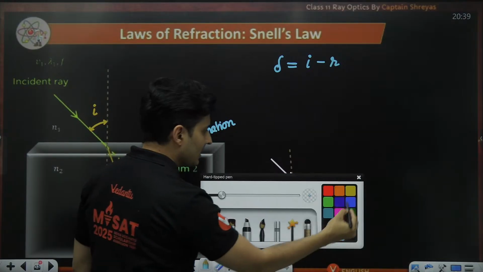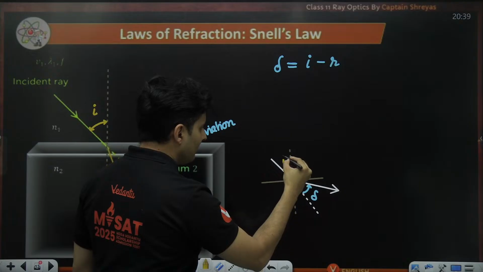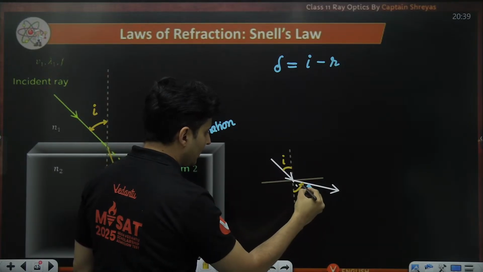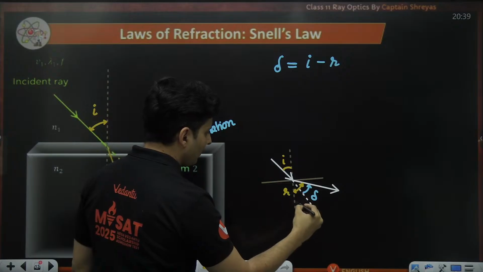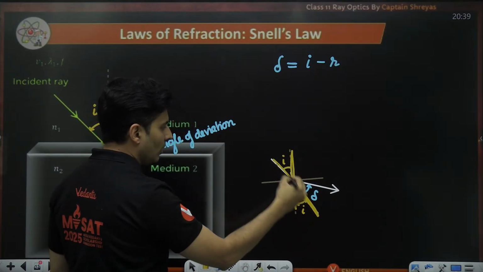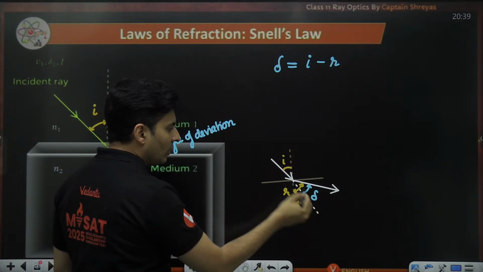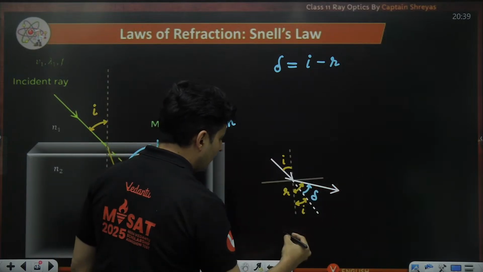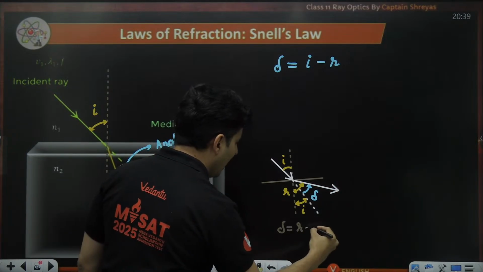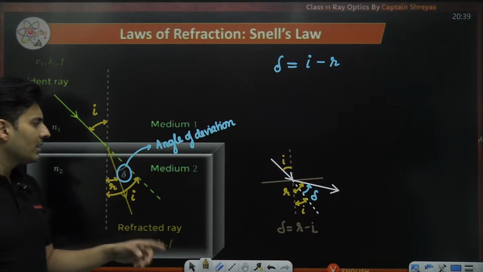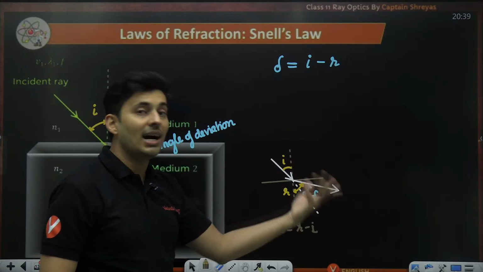This will be i, and this entire thing will be r, but this much alone will be i again, because if this much is i, even this one will be i, because of opposite angles for two lines. So here delta will be r minus i in such a case. Sometimes it is i minus r because i is bigger. Sometimes it is r minus i because r is bigger.